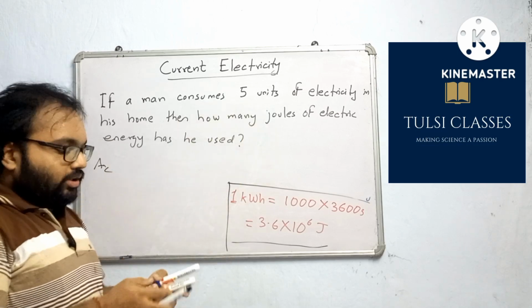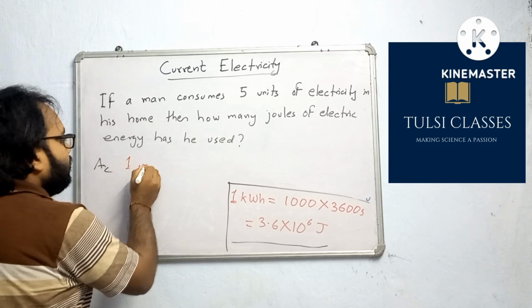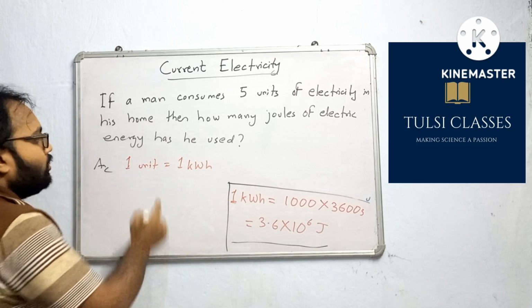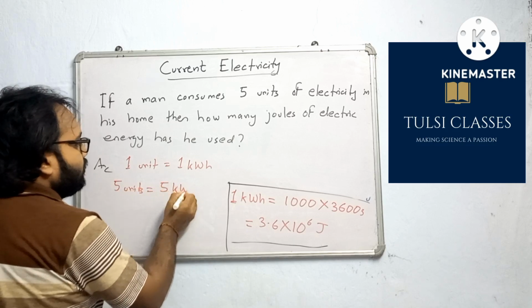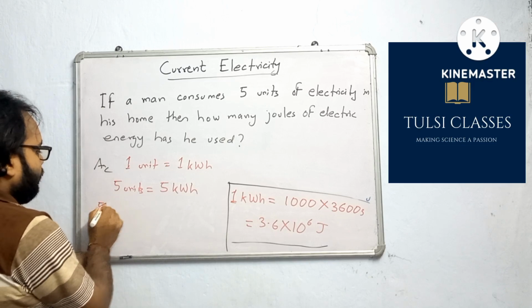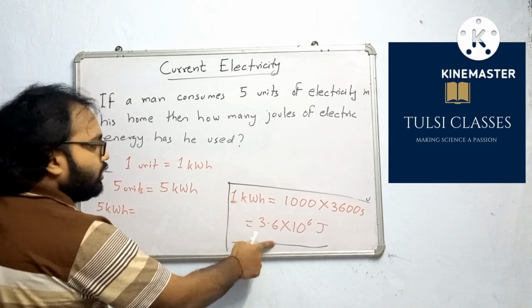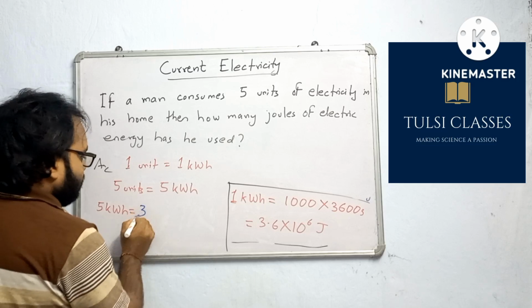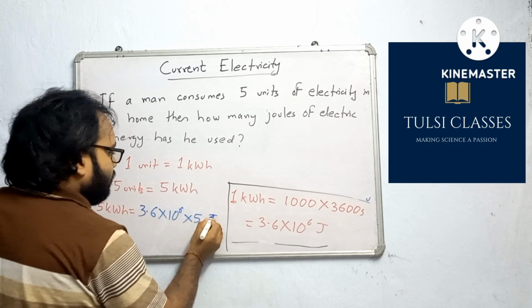5 units of electricity. We know 1 unit is equal to 1 kilowatt hour. So 5 units is equal to 5 kilowatt hour, and 1 kilowatt hour is 3.6 multiplied by 10 raised to the power 6 joule. So 5 kilowatt hour is equal to 3.6 multiplied by 10 raised to the power 6 multiplied by 5 joule.